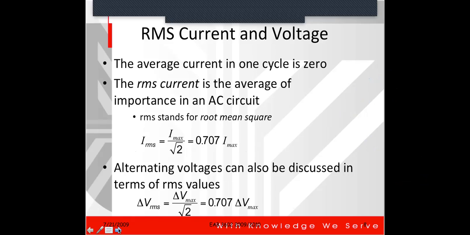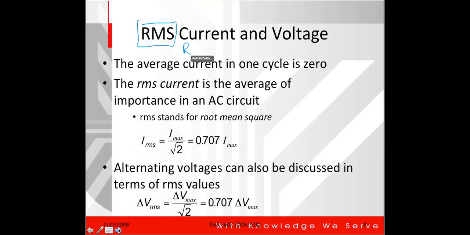Root mean square current and voltage. Yang RMS ni stand for root mean square. Sebab apa kita perlu ada root mean square current and voltage? Sebab the average current in one cycle is 0 kan?